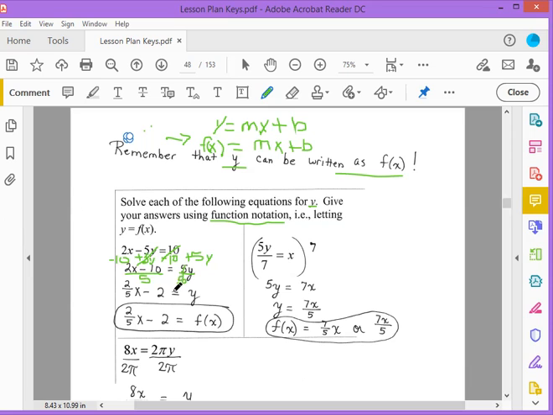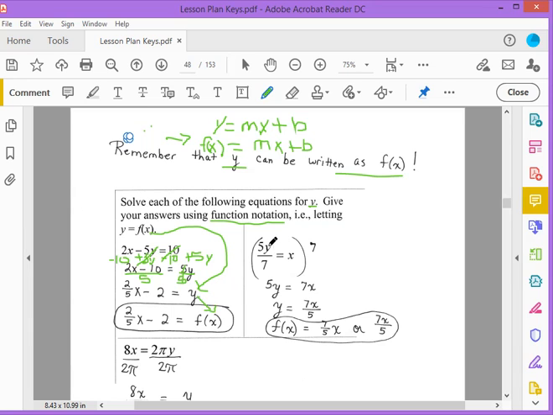Carry down our equal sign. And on the left side, 2x divided by 5 gives us 2/5 x. And then negative 10 divided by 5 gives us negative 2. So now we have y by itself. And remember, to change this to function form, we're just going to replace the y with f of x. So we would write it as f of x equals 2/5 x minus 2.